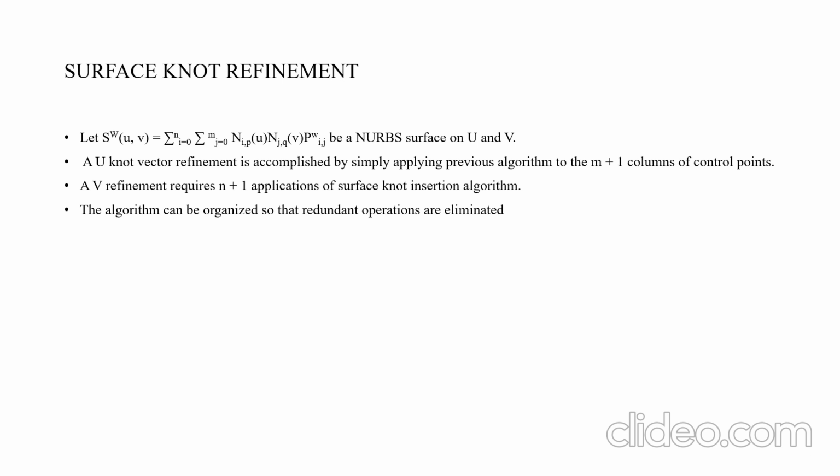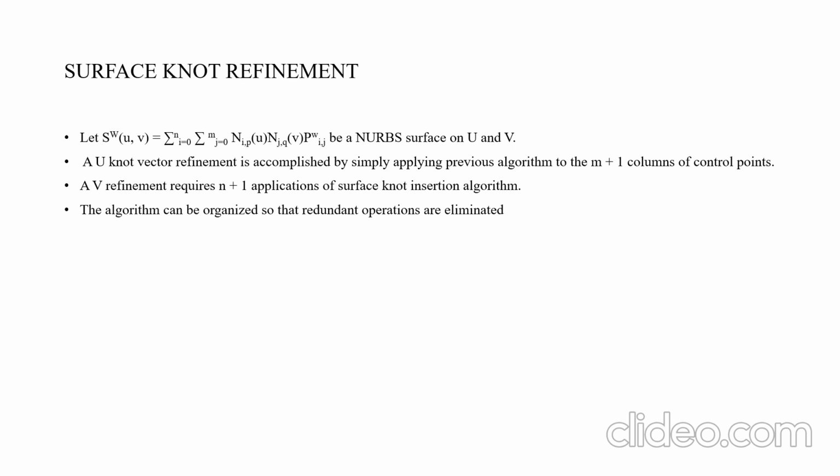So basically, to perform surface knot refinement, for the U knot vector refinement we have to implement the previous algorithm, that is the curve knot refinement algorithm, m+1 times on the U vector, and we have to implement the knot refinement algorithm n+1 times on the V vector.